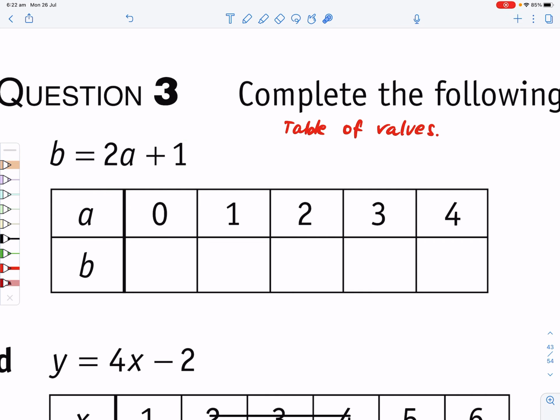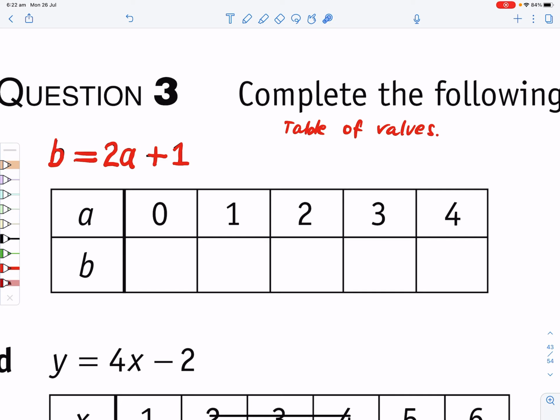Now, we've been told in this question that your B value is always equal to 2 times your A value plus 1. Okay, that's the equation we've been given. Your B value is always 2 times your A value plus 1.